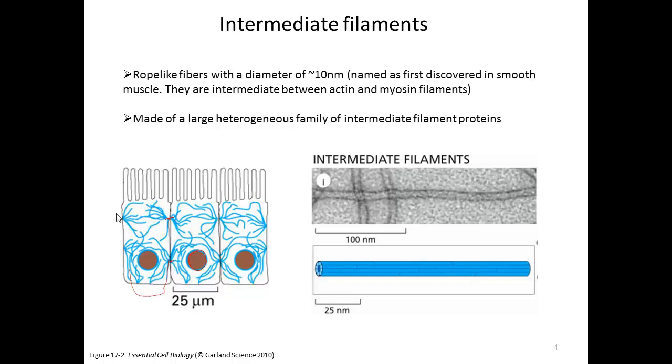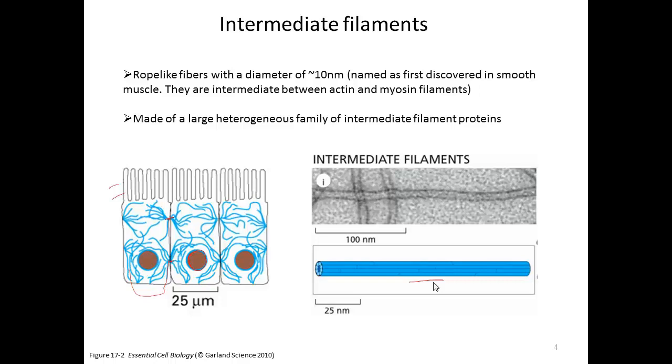And one thing to note, that while they tend to be at the periphery, they're not extending up here into the cilia or fimbria-like projections of the cell. That will be where actin networks are predominant. This is an electron micrograph, and here's a schematic. We'll see more about the structure on the next slide.